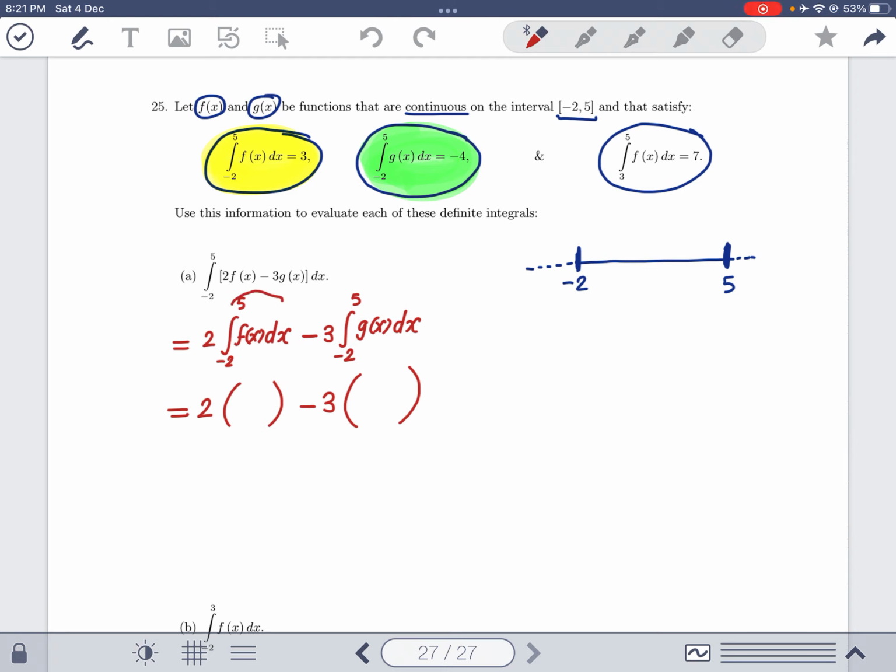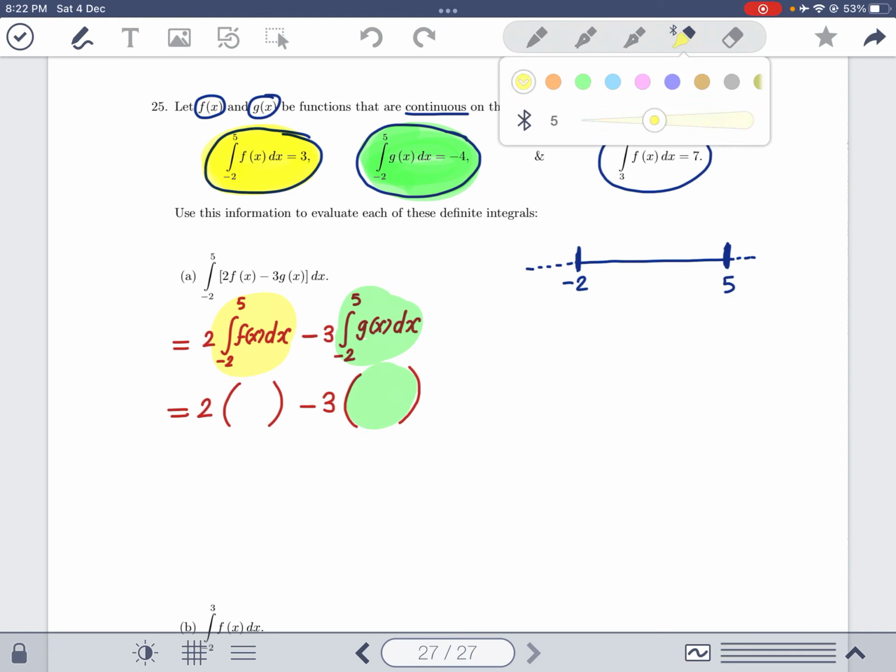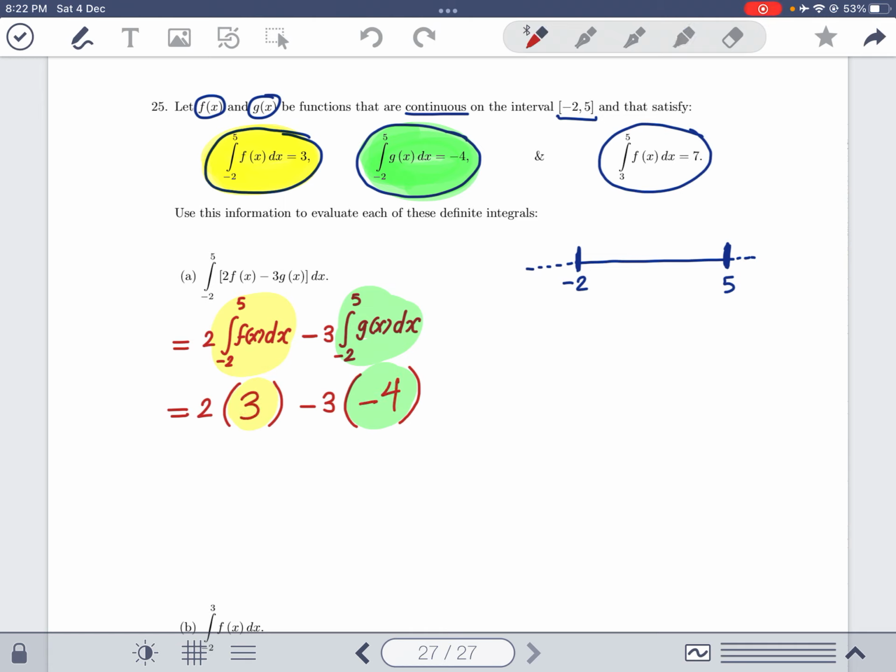You just put them, one here and one here. So one of them is 3, the first one, and the other is -4. And so this will be 2 times 3 is 6, minus minus is plus 3 times 4 is 12, and so 18 is the answer to the first one.